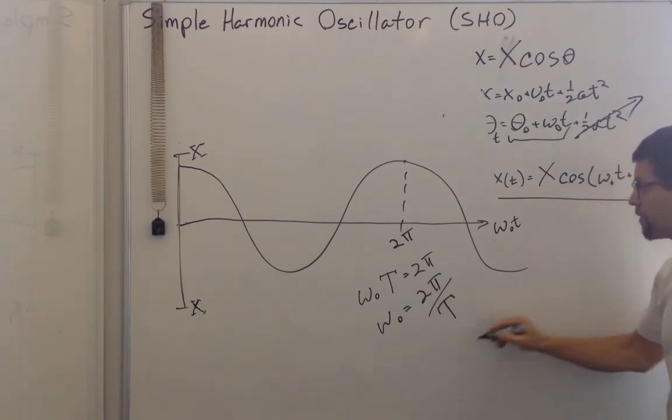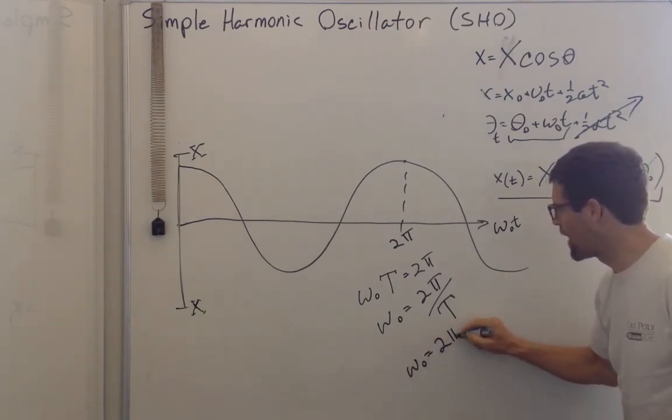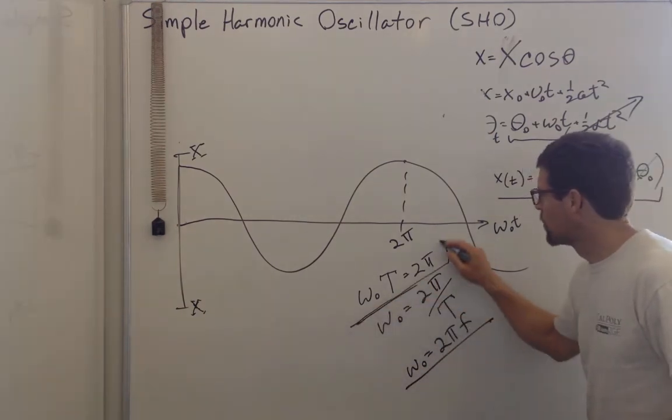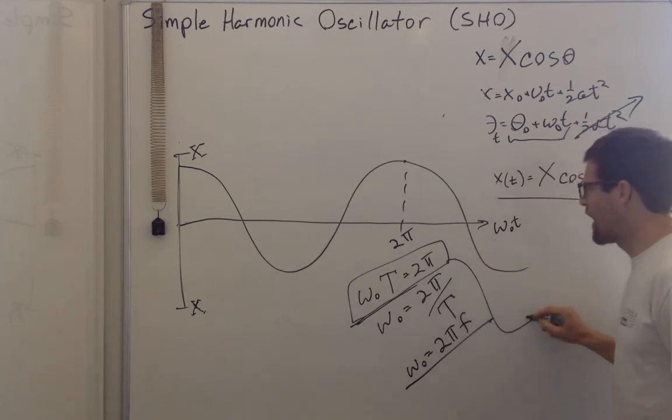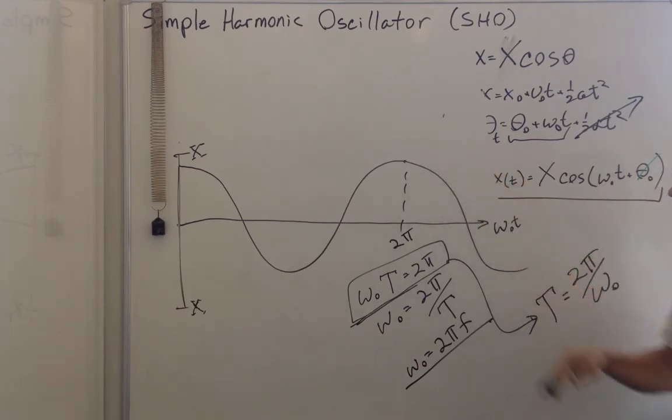Okay, 1 over the period is a frequency, and so omega naught is equal to 2 pi times the frequency. Another way to look at this would be to say, how much time does it take to come back to where you are? Well, we know that would be 1 period, and that's going to be equal to 2 pi divided by omega naught. So that's the amount of time to go up and down.